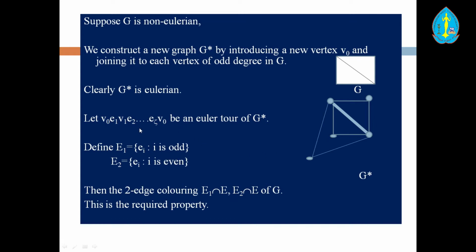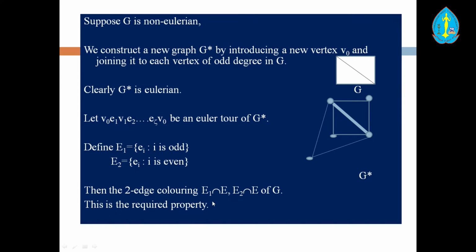Therefore this is an Eulerian graph, and this is an Euler tour of G star. Define E1 as the edges Ei with i odd, and E2 as the edges Ei with i even. Then the two-edge coloring given by E1 intersection with the edges of G and E2 intersection with the edges of G has the required property.